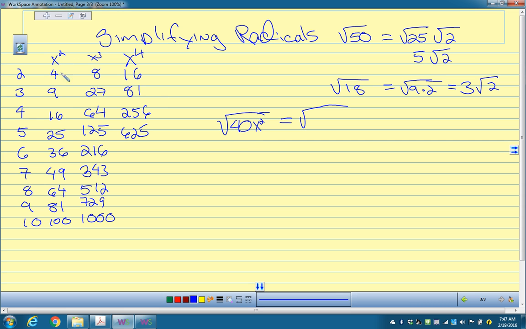Which of these numbers is in 40? 4. Times what? 10. And what perfect square is in x squared? X, right? So I can pull out any perfect square numbers. What's the square root of 4? 2. And I can take an x out of here times the square root of 10.